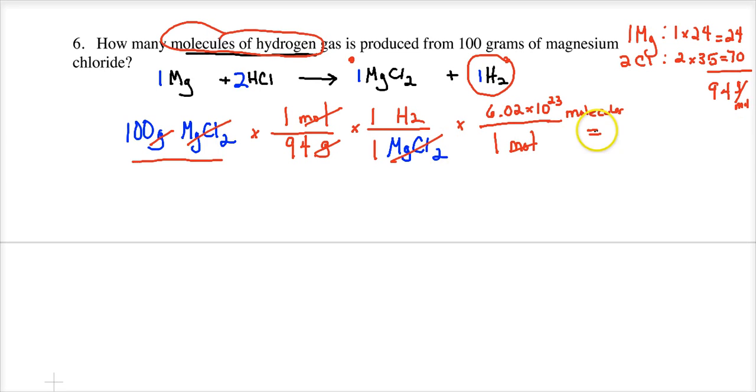It's going to be a huge number because they're asking for how many molecules, and these things are small. Let's do 6.4 times 10 to the 23. And of course, that's what? Molecules of what? Of hydrogen. And that's your answer.